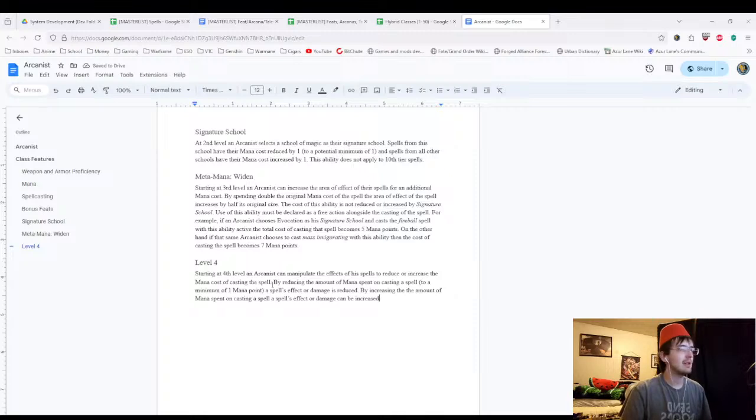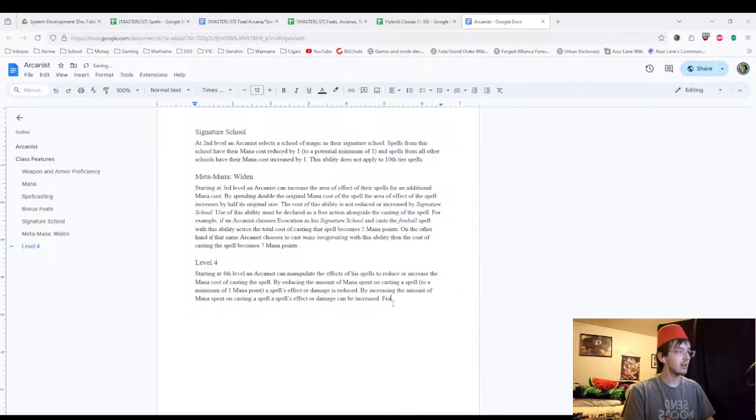So we're gonna be using Fireball here as our example. It's always gonna be the example. It's the spell that everybody knows, right? That's also a double 'the' there. Cool. Okay, by increase. Okay, all right.